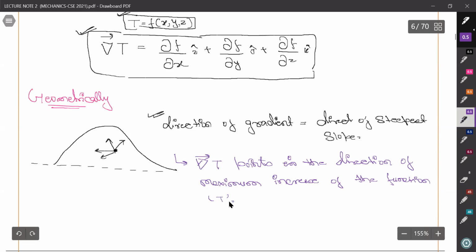So where will it point? It will point in the direction where it has maximum increase, not the maximum value, but where it has maximum increase.